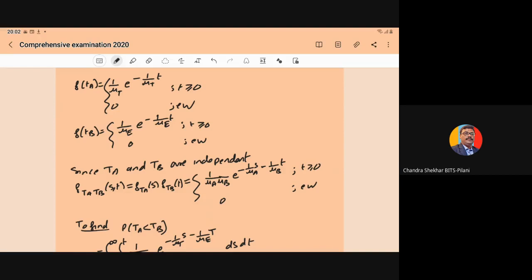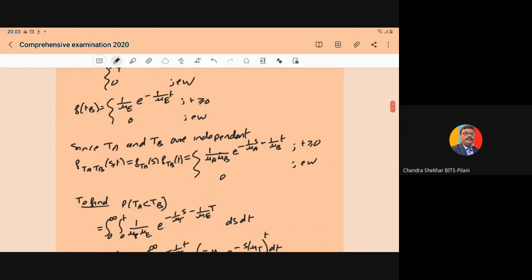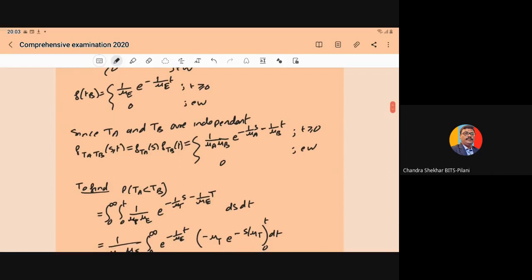So since TA and TB are independent, we can write the joint PDF as a product of the marginal PDFs. So f of TA, TB for s, t will be f of TA for s and f of TB for t. So f of TA means the PDF for TA, and f of TB means the PDF for customer B.